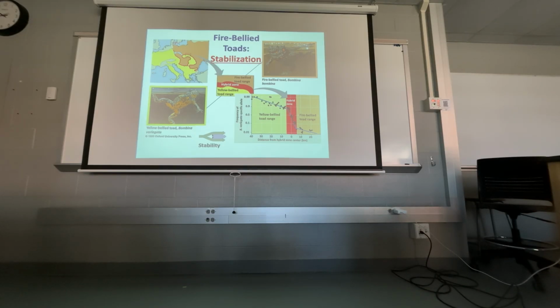This keeps the zone at this middle elevation the same width across the entire range of the two parental species. Pretty cool. Very interesting. So that's called stabilization. Here we have habitat and poor hybrid viability maintaining a stable hybrid zone between the two parent species. Make sense?